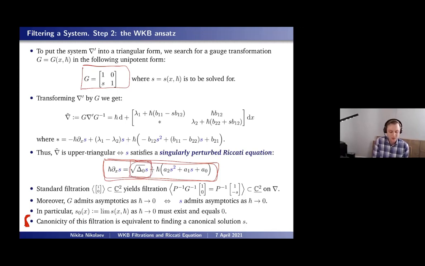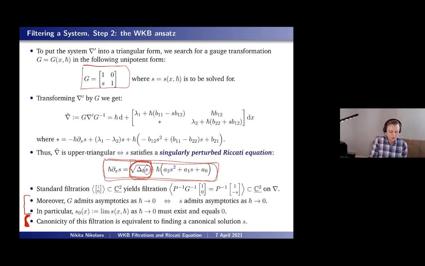But because we're assuming there are no turning points, that means the discriminant is non-vanishing, and in particular the square root discriminant is non-vanishing. The only way this product can be 0 is if the leading order term of S is 0. So just by examining your setup, you see that you have these 2 conditions staring you in the face.